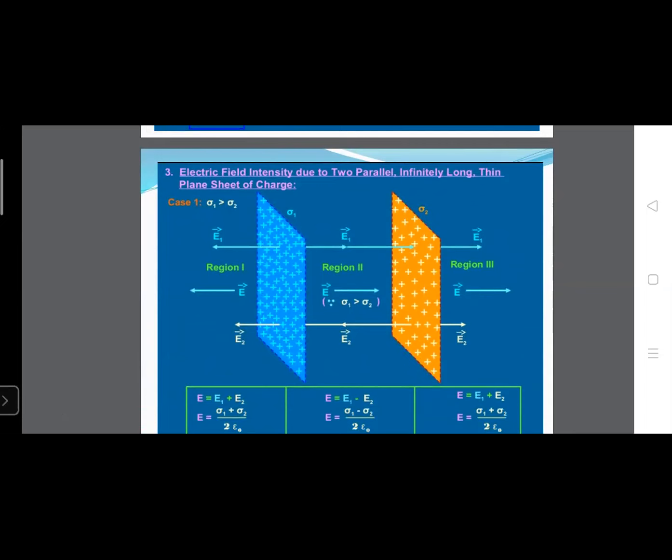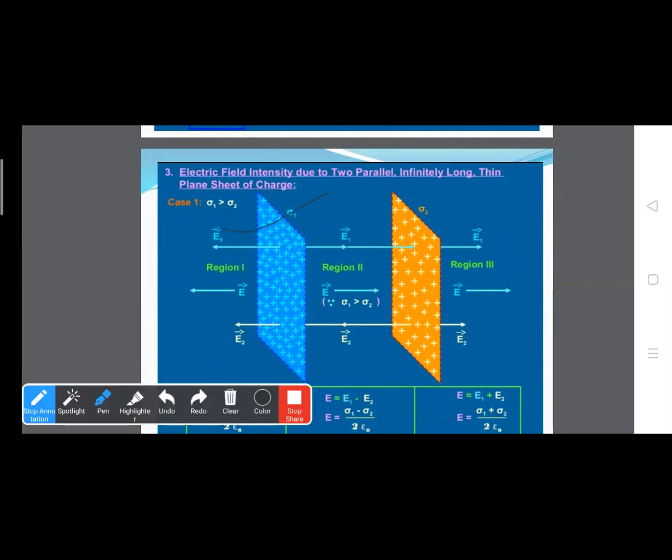From the figure, this is the first case of two sheets. We found that the electric field of this plate is in this direction, which is E1, and the electric field of this plate is in this direction, which is E2.